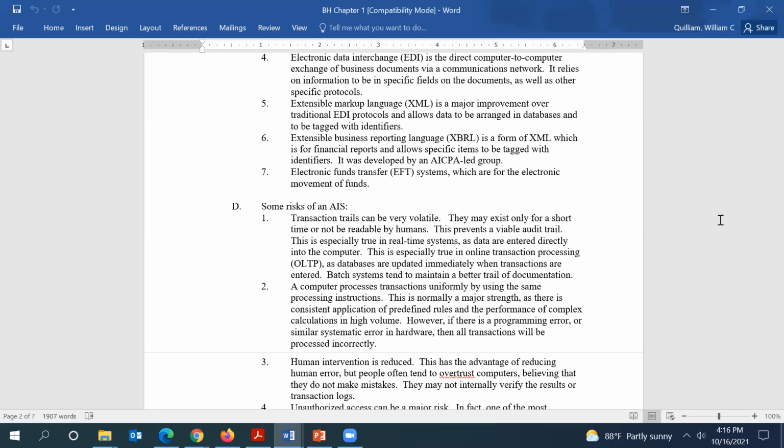However, if there's programming error or similar systematic error in software, then all transactions will be processed incorrectly. And again, it can happen very, very quickly. Many businesses have found out that the hard way. And also, as we know, if there's an information security breach, whoa, a lot of information can get leaked very, very quickly.